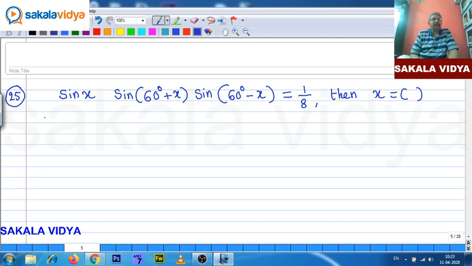First option: n pi plus minus 1 to the power of n pi by 6, for every n belongs to z.